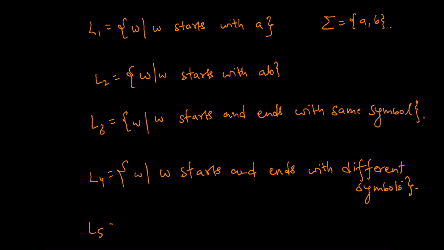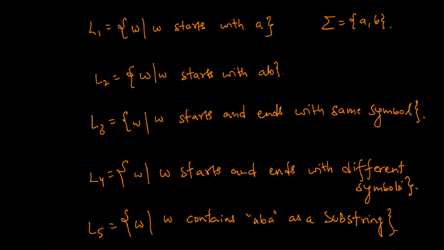Let's say L5 is W such that W contains ABA as a substring. So these are the 5 languages for which we will be constructing DFAs.